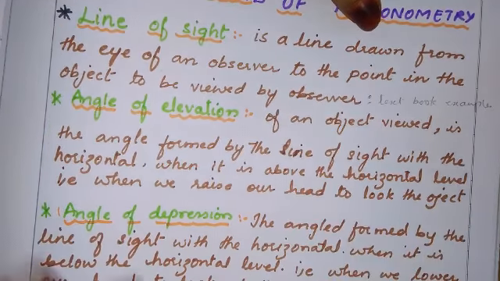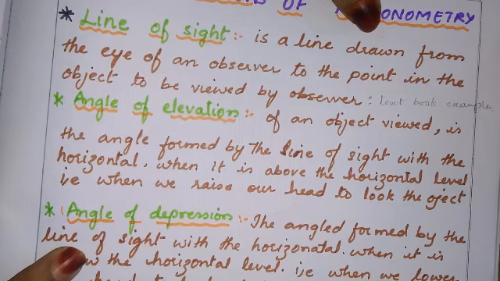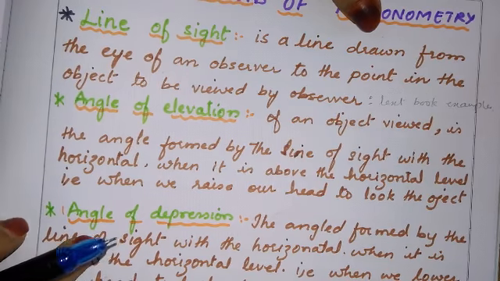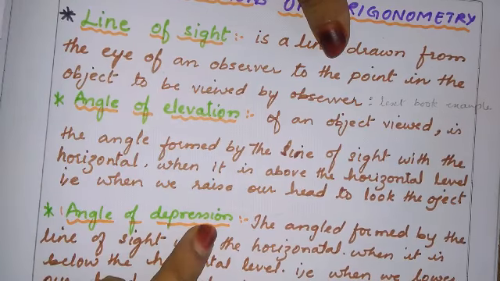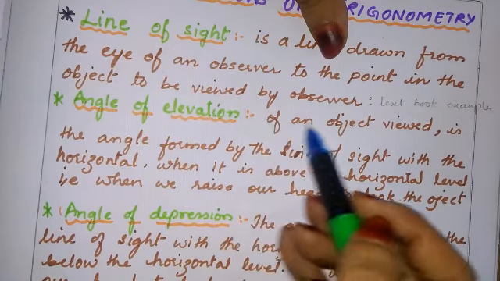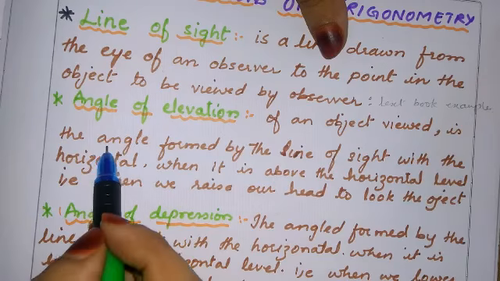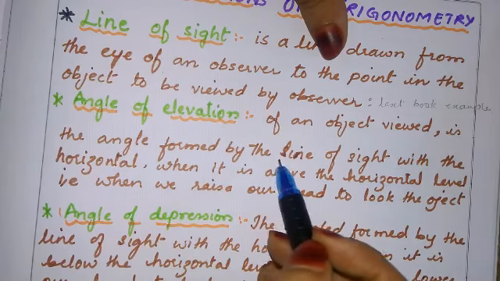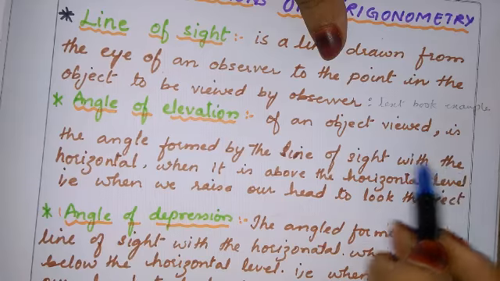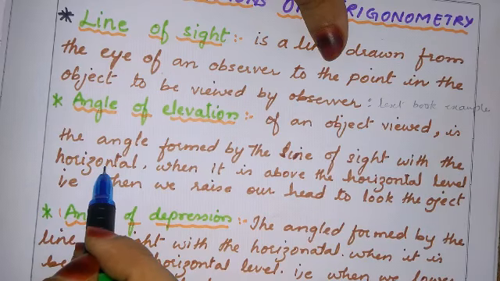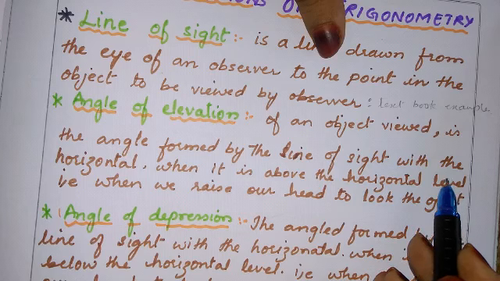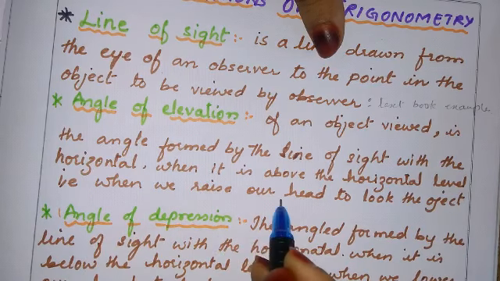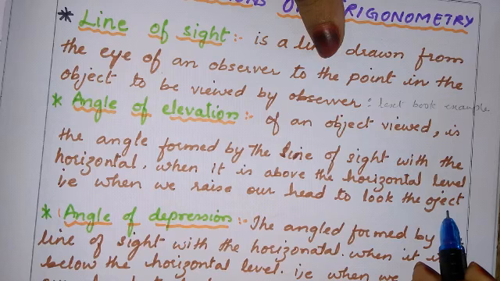Now let us see the angle of elevation and angle of depression. Here two angles are formed, one is angle of elevation and one more is angle of depression. The angle of elevation of an object viewed is the angle formed by the line of sight with the horizontal, when it is above the horizontal level. That is when we raise our head to look at the object.